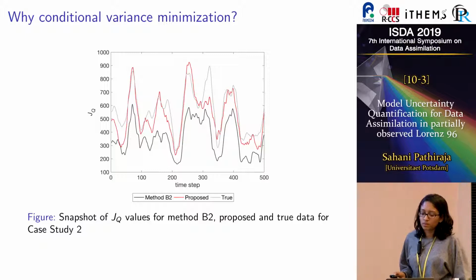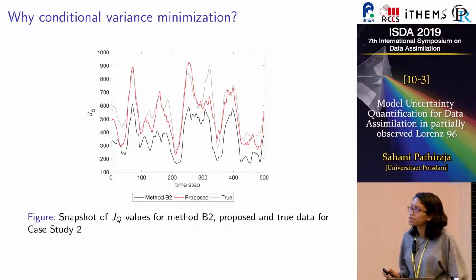Okay, so what's the benefit of actually doing this conditional variance over just doing a 4D-Var type approach? I might actually frame it in a different way and say, why is the 4D-Var cost function not suitable? So this plot just shows the J_Q term over time for the second case study.